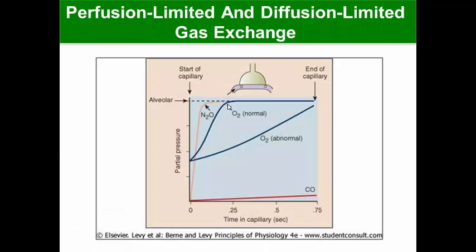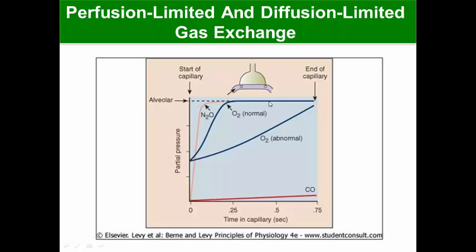So now the partial pressure gradient for oxygen is abolished. There is no more partial pressure gradient for oxygen. So the diffusion stops, as you can see here.